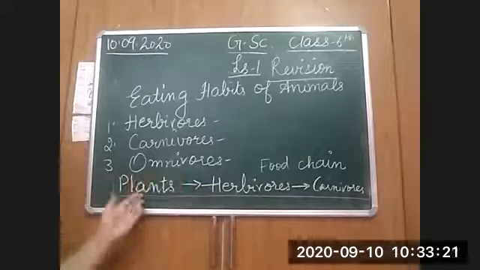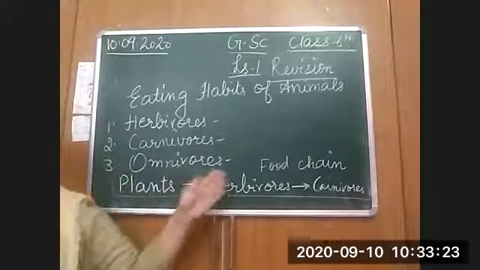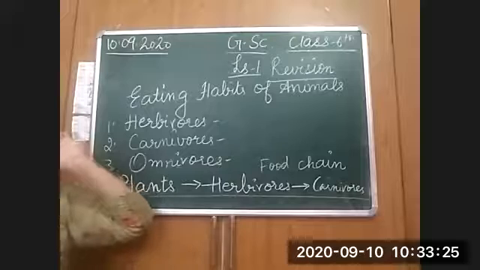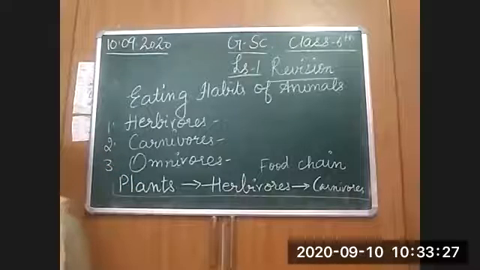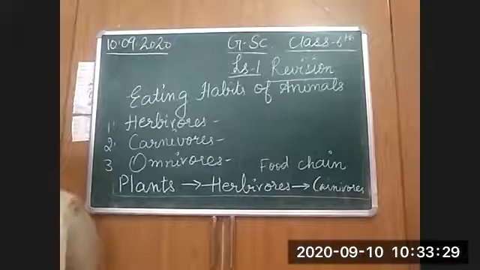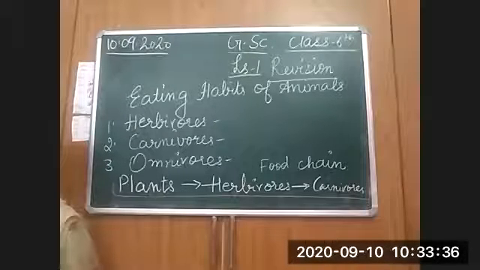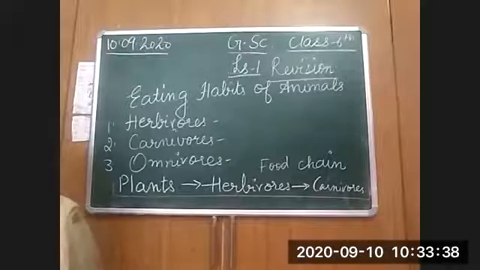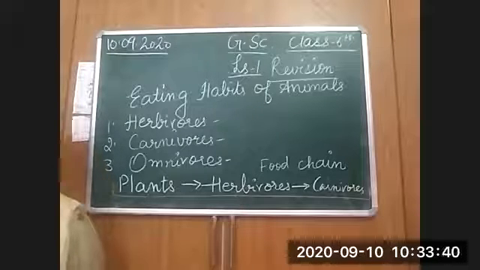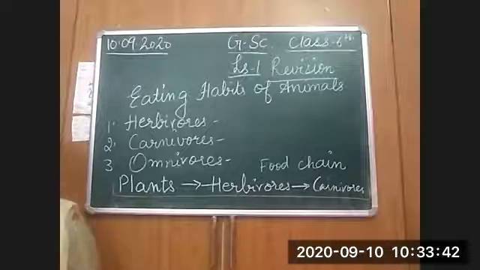Along with the food, transfer of energy is also there, right? So what is a food chain? Food chain is a chain in which one organism is dependent on the other, and along with the transfer of food, there is transfer of energy also.